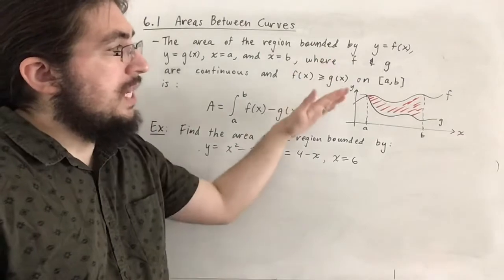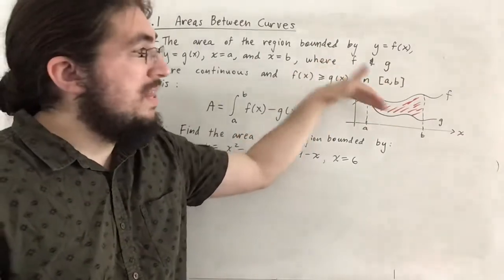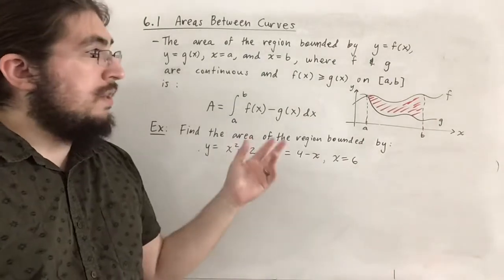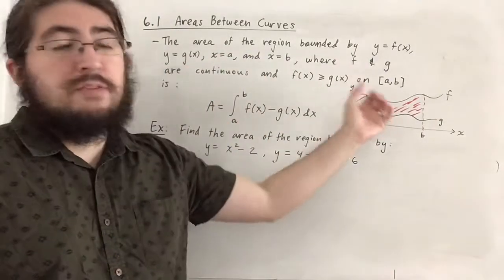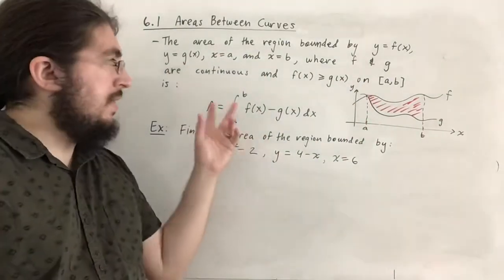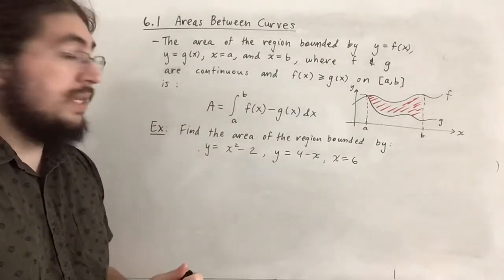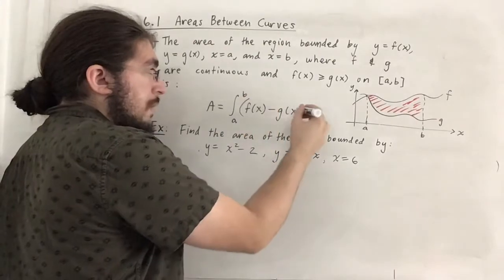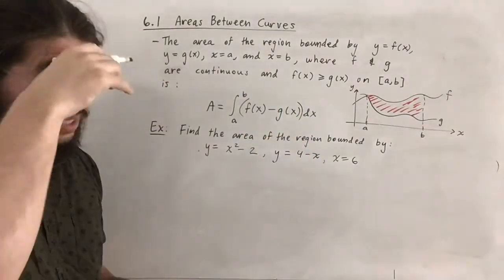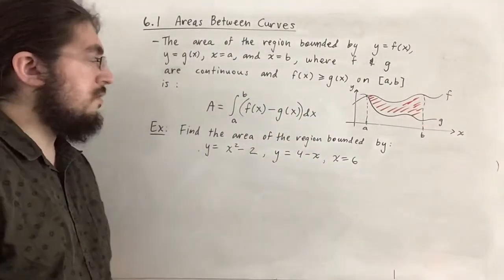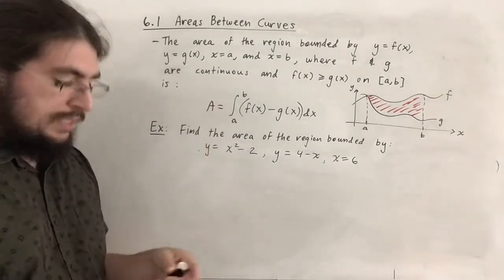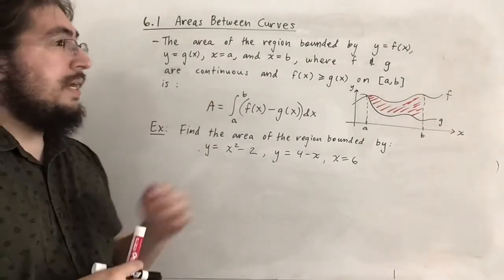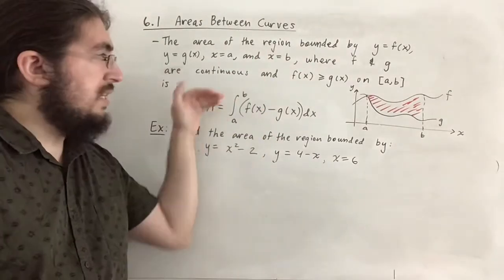So if you take the area of f and take away the area of g, you're left with only the shaded region, and literally that's just the integral of f minus the integral of g. That ends up being the integral of f minus g, with that difference property of integrals, that the integral of a difference is the difference of the integrals, and of course from a to b because those are x bounds. Great. So again, f here is the top one, so think of it as top minus bottom.